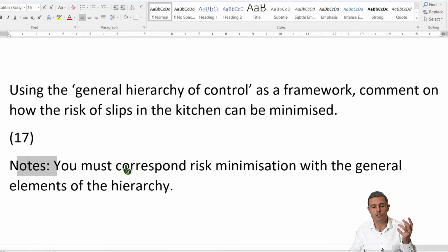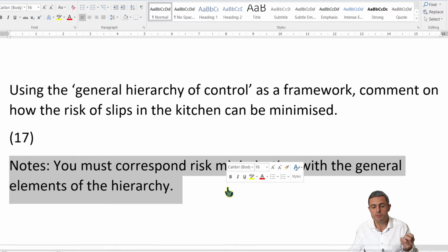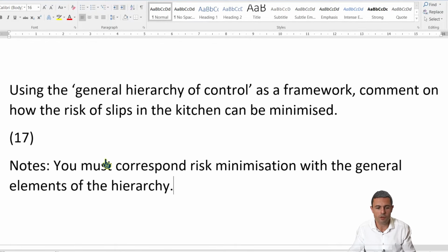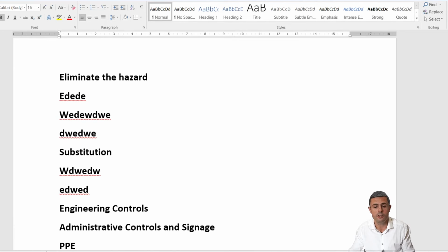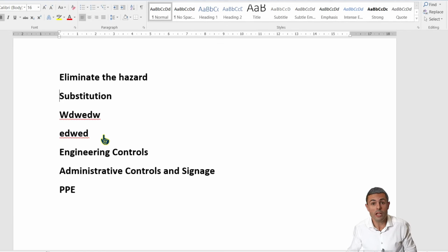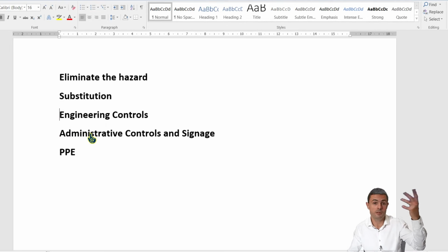And it says, note, you must correspond risk minimization with the general elements of the hierarchy. 17 marks. All right. Well, you're probably going to get a mark just for getting your hierarchy of controls down in the right order. You might get a mark for saying that eliminate is the most effective and PPE is the least effective.